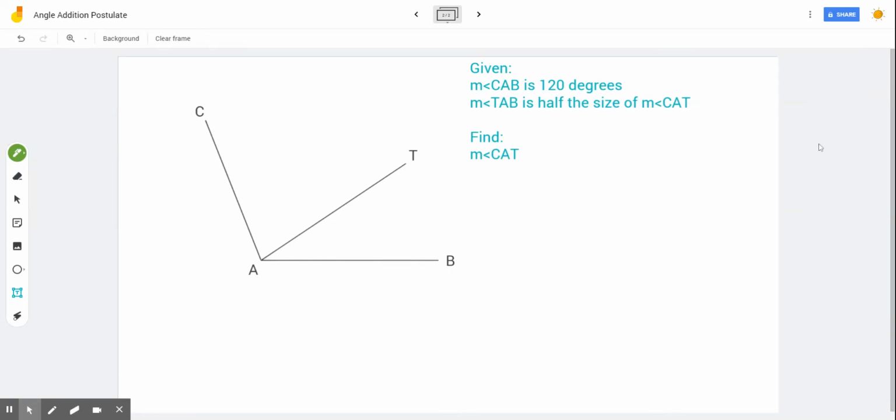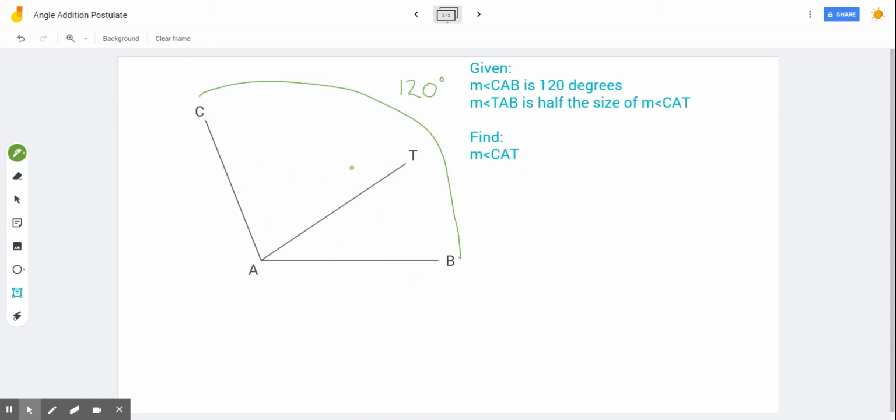This is a slightly harder example where instead of being given an angle measure for one of the interior angles, I'm being given a relationship between the two pieces. So I know that angle CAB, that's the big angle, is 120 degrees. And I know that angle TAB is half the size of angle CAT.